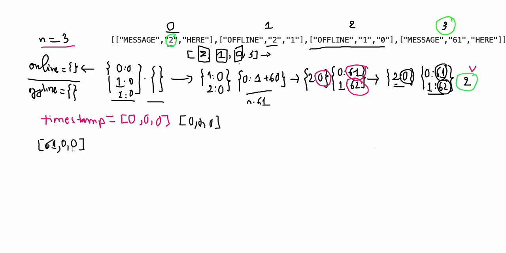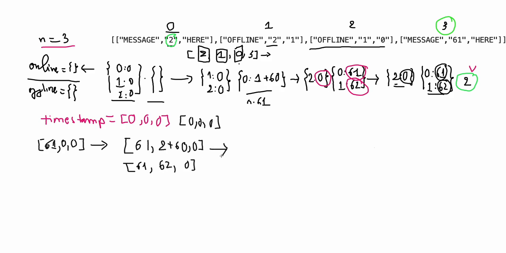In the next iteration, we have another offline event, and with this offline event we will set user 1 to offline, and the activation time is the timestamp 2 plus 60, so that is 62. So this is 61, 62 and 0.